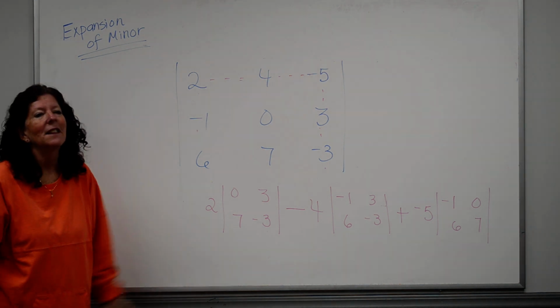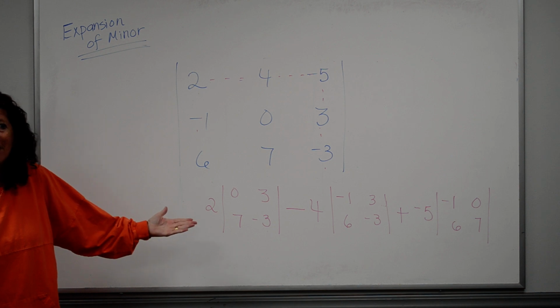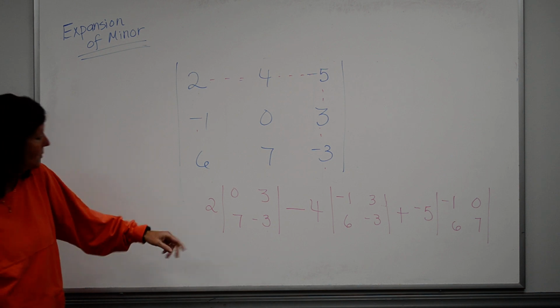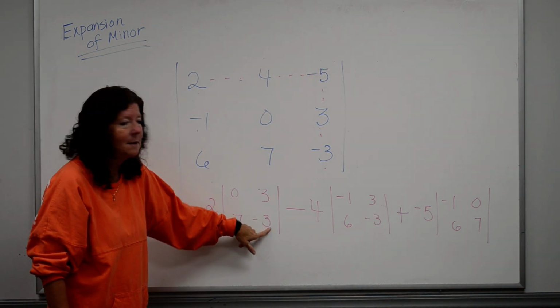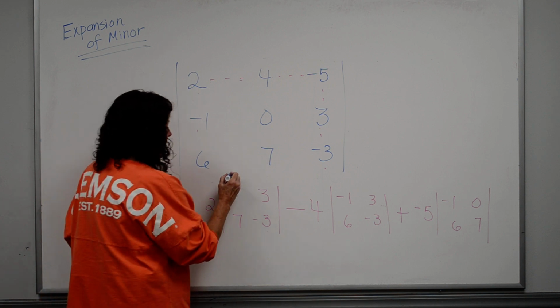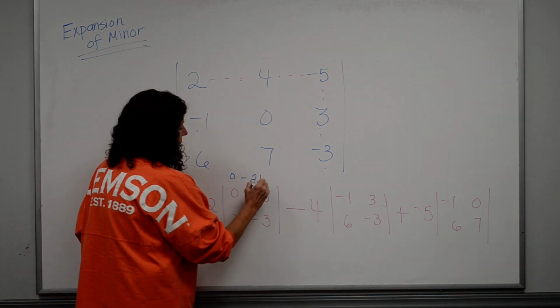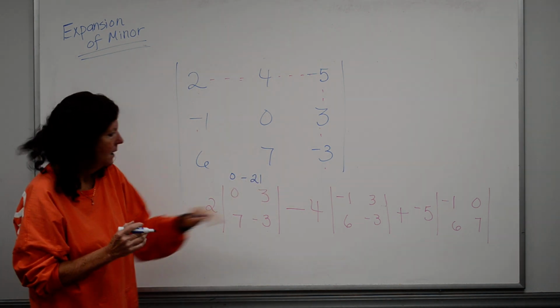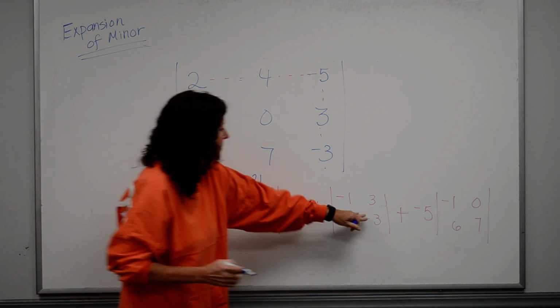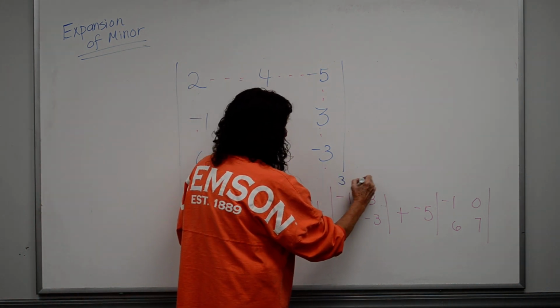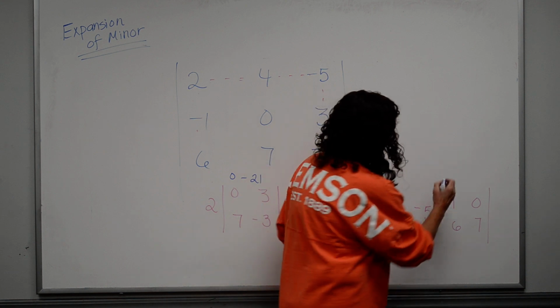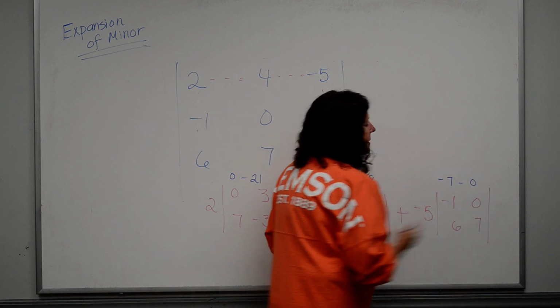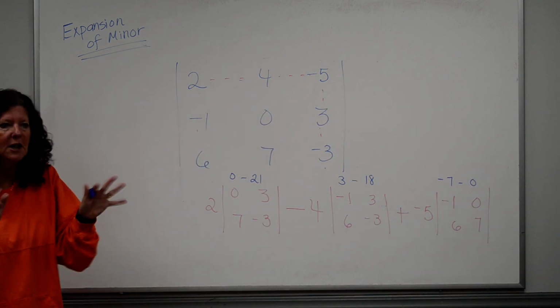So now I've got to find the determinant of all these. I know how to find the determinant of a second order matrix. So I go 0 times -3 is 0 minus 21, right? I'll get to the answer for that in a minute. So 3 minus 18 and -7 minus 0. Okay, for each one of those.